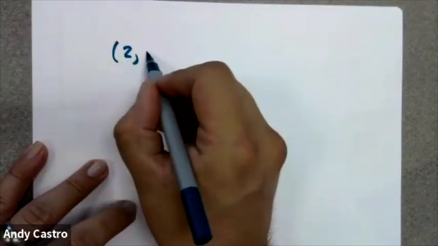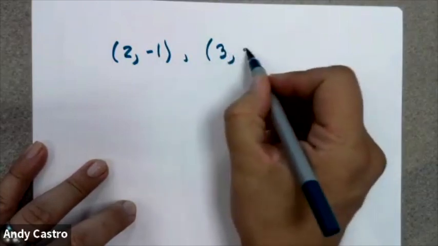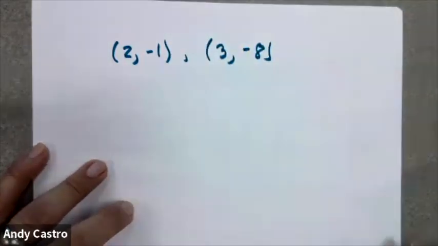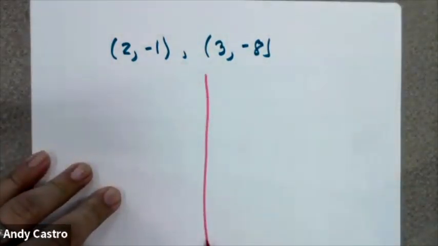So we're going to do 2, -1, and then the other point is going to be 3, -8. 2, -1, 3, -8. I'm going to go ahead and draw a graph. We're going to do distance here.